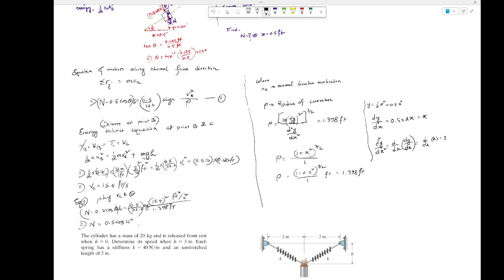So then you should have 0.5, 32.2. I'm skipping all the units. I'll simply write the pounds one time. 15.4 squared, 1.398. That's the trick. Sometimes I do the whole thing. I know it is in pound, so I can write it this way.